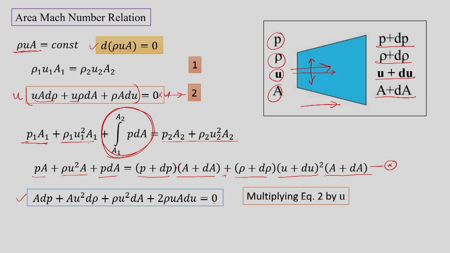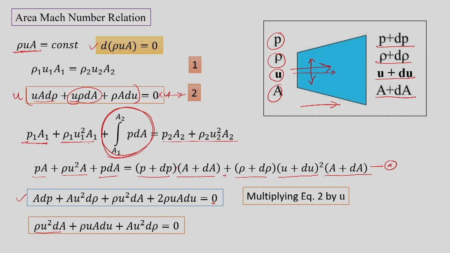So 0 into u is 0, but the three terms get multiplied by u, and we have rho u square dA, plus rho u A du, plus A u square d rho. So these three terms belong to equation 2 after multiplying it by u, and the starred equation is the modified form of the momentum equation.